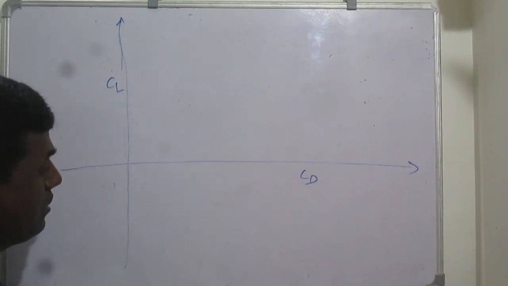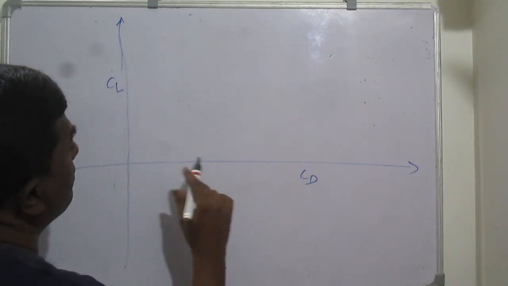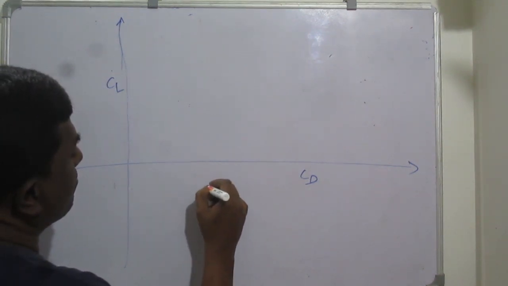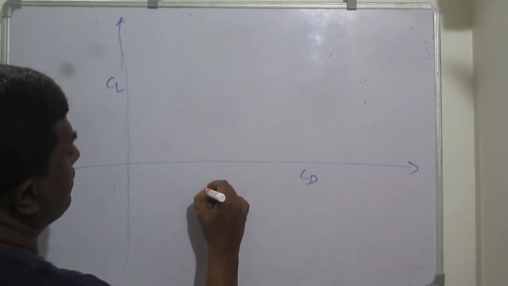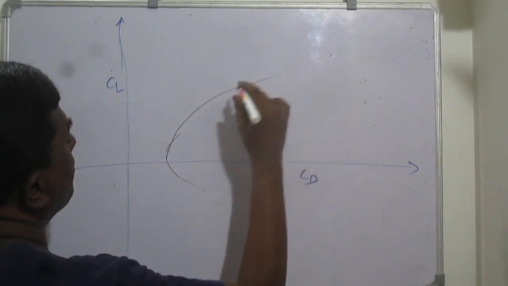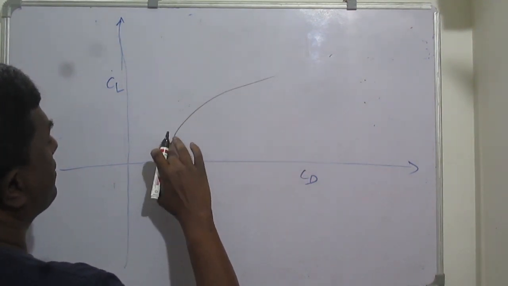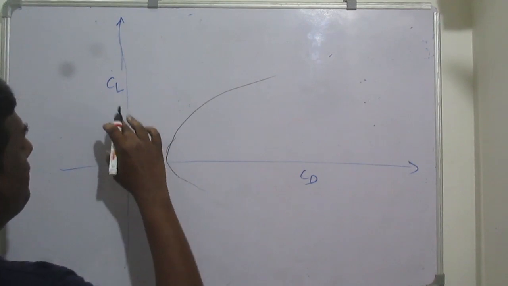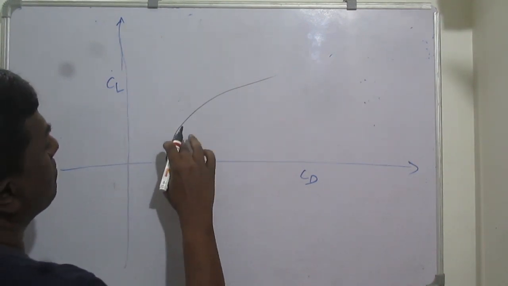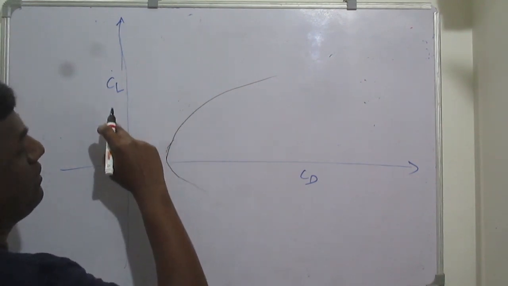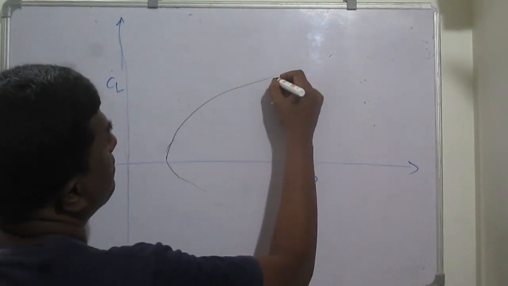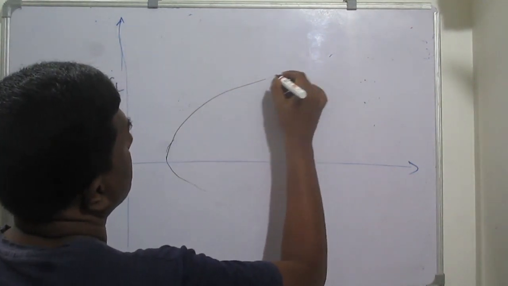If you draw the curve between these two, it will look something like this. When we find CL and CD from the experiment, the graph will come out like this.